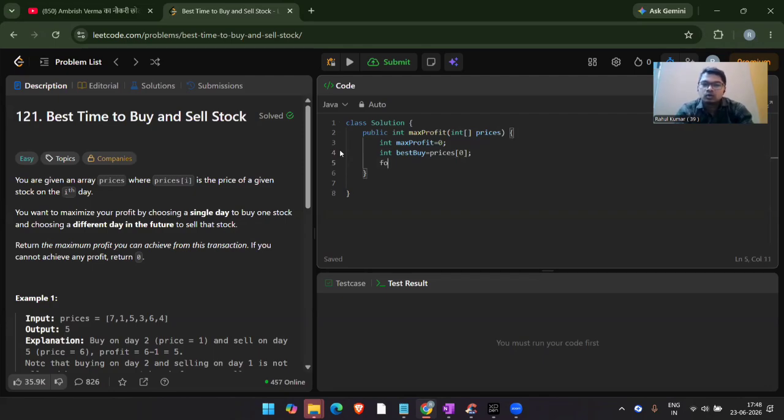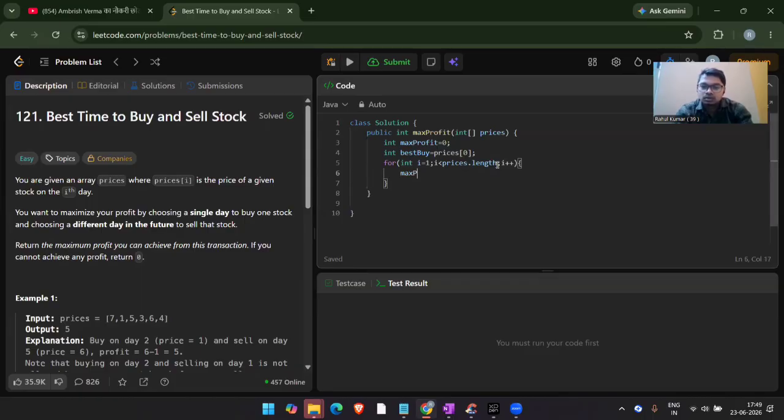Now I will start a loop here, which will start from first index. And it will iterate till the length of the array. Now it will increment every time with 1.